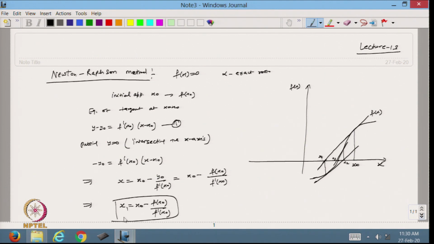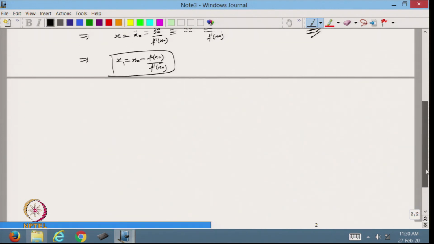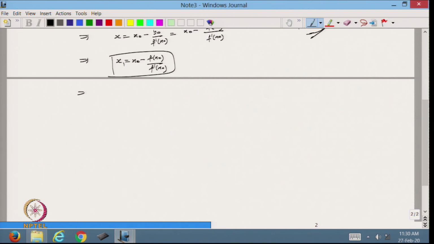Based on this I can make this an iterative process, and write that x n plus 1 is equal to x n minus f of x n divided by f dash x n, where n can start from 1, 2, 3 and so on.